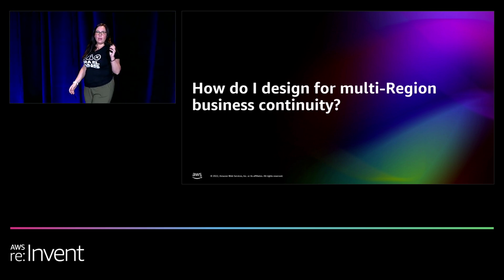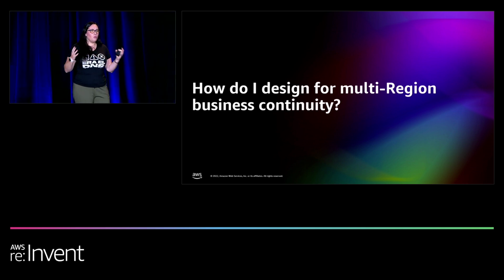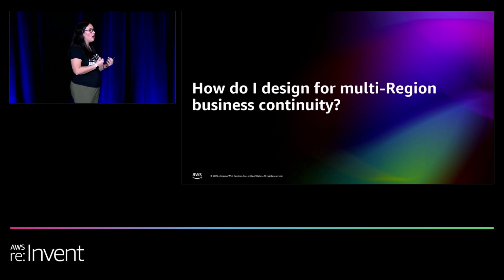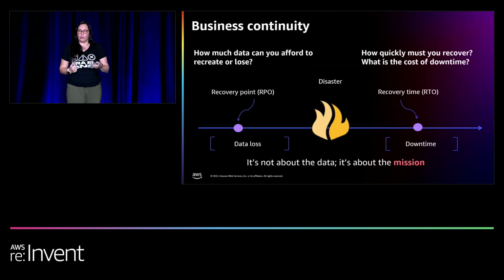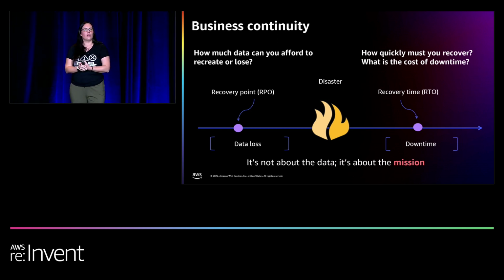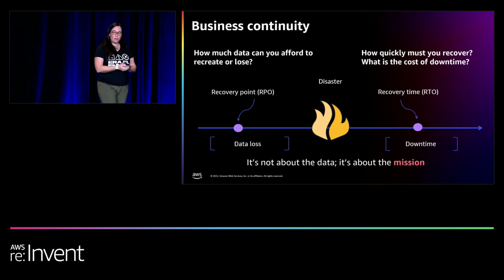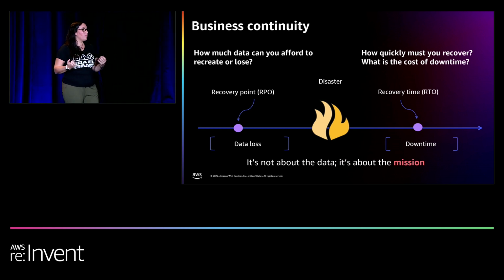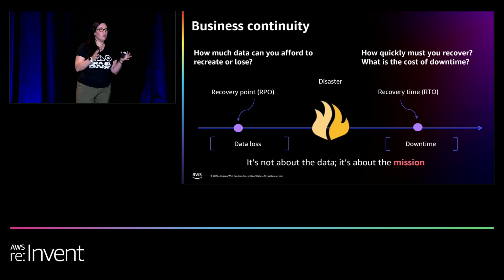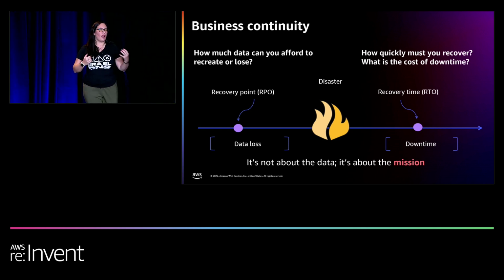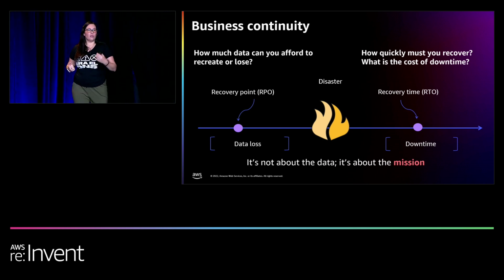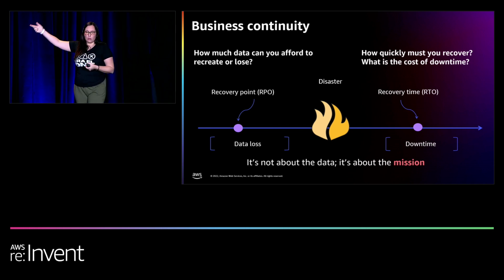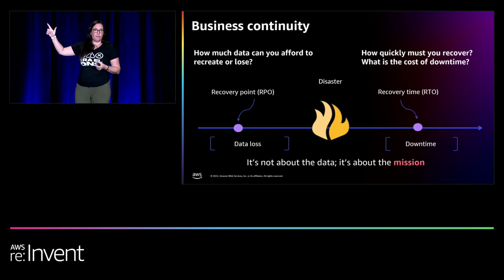So let's address this thing that we have seen. If you have been attending multi-region talks at AWS, maybe you have heard about the business continuity slide. This is a classic in our disaster recovery and business continuity material. And this is something you need to think about when you are in that zombie apocalypse moment. These are the two important questions you need to ask that will drive the strategies you use in order to go multi-region: how much data can you afford to lose, and how quickly must you recover?